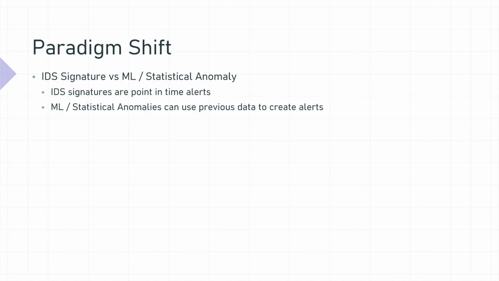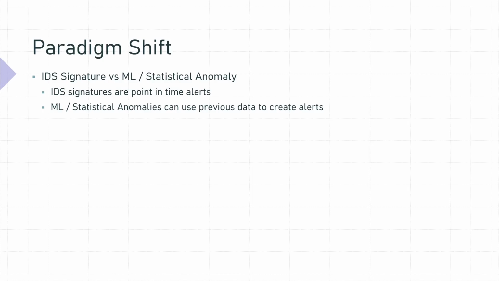I want to take the concept that there's the traditional IDS signature, and then there's the ML statistical anomaly. We've kind of stated what these are. An ML model anomaly is using math, using historical data to build these anomalies. An IDS signature is a point in time alert.